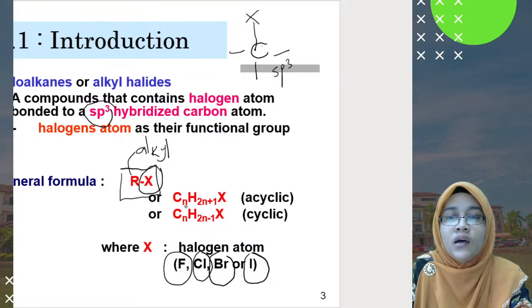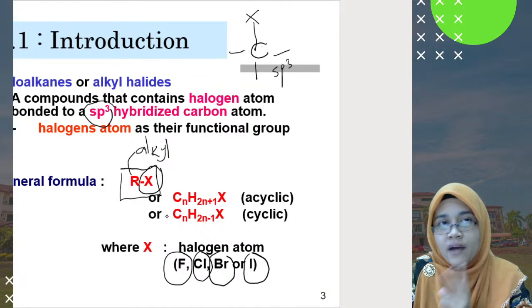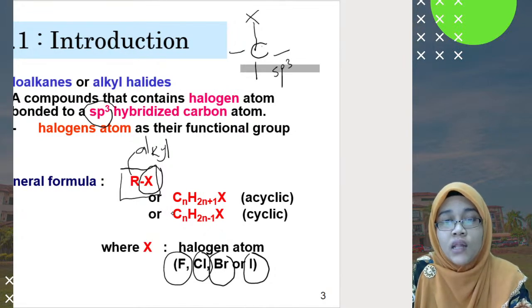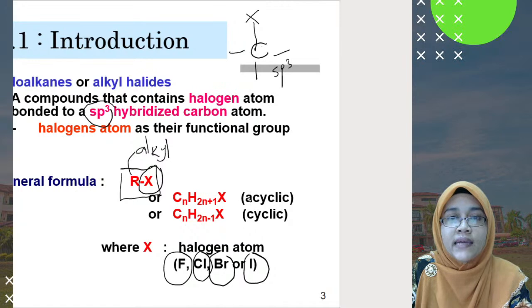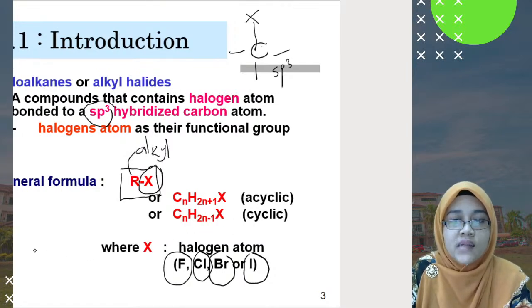Okay, so we have two general formulas for alkyl halide or haloalkane, which is CnH2n+1X for acyclic, or we call it aliphatic haloalkane, and CnH2n-1X for cyclic haloalkane. For example, okay, we have cyclopropane with Cl.